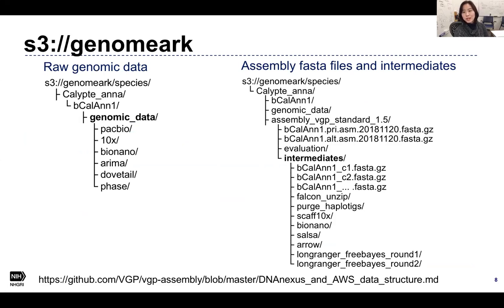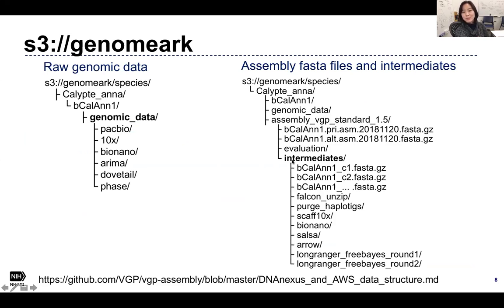All the data will be linked to the DNAnexus platform in the same structure. And as you start running each pipeline app, you will start generating data. I encourage you to follow this structure, making this folder.